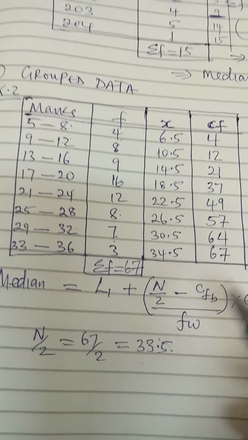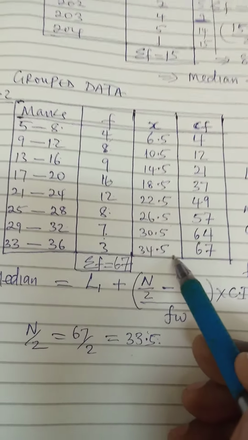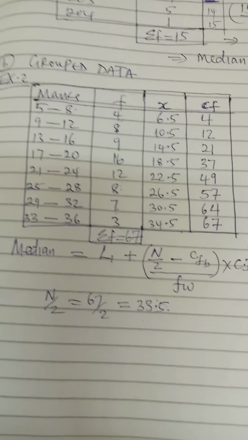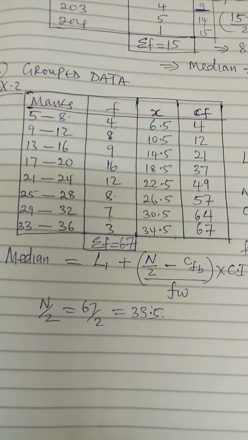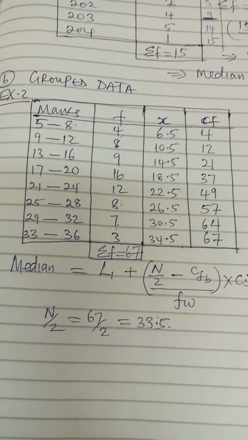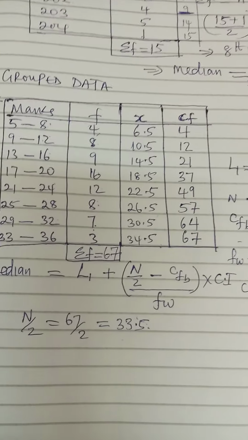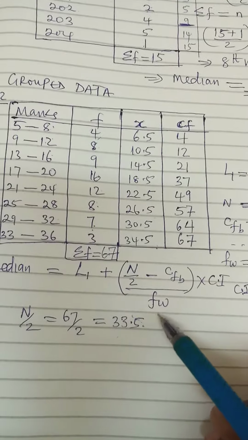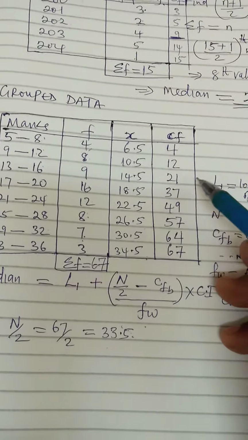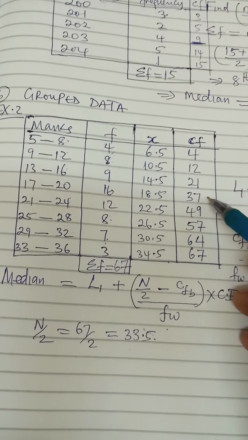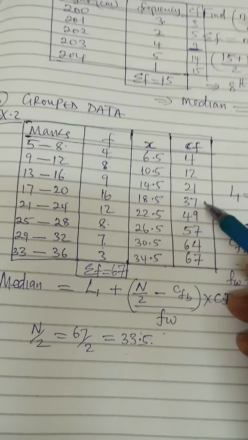Now, when we divide this, we look for where 33.5 should lie. According to our column for cumulative frequency, we can note that 33.5 falls here.